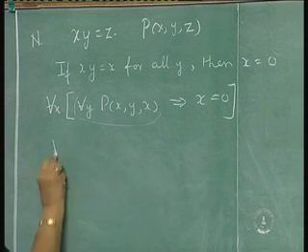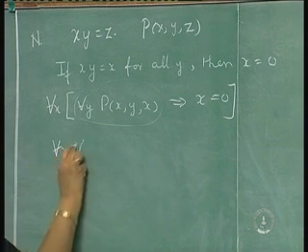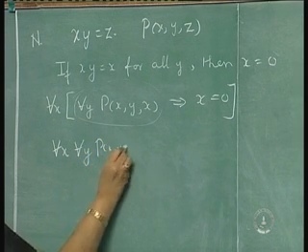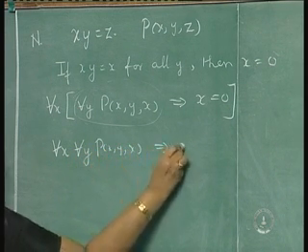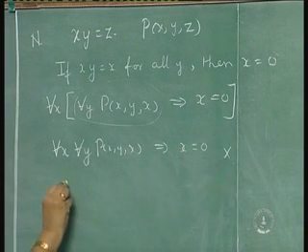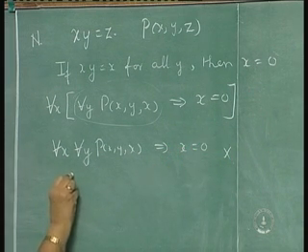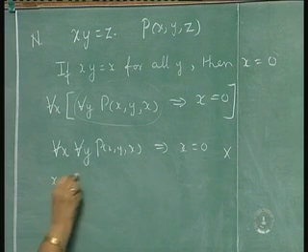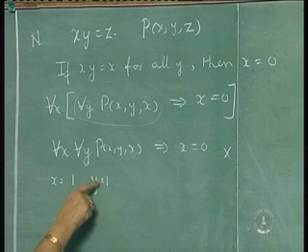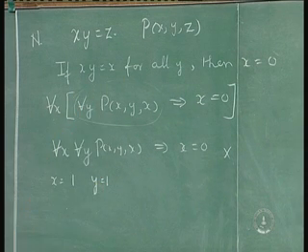Now, if you write like this: for all x, for all y, P of x, y, x implies x is equal to 0, this is not correct, because you can have x equal to 1, y equal to 1, and then this will satisfy xy is equal to x.